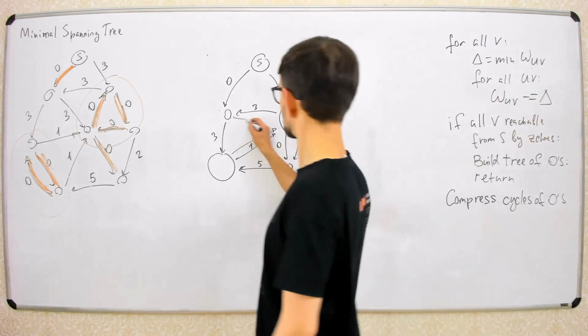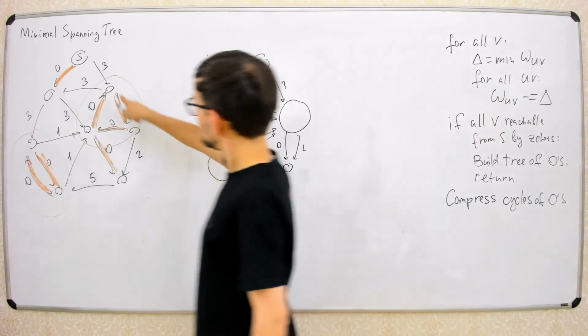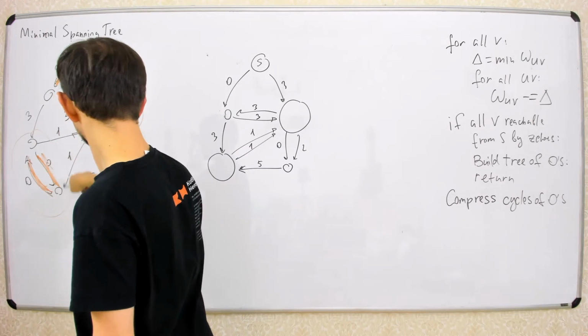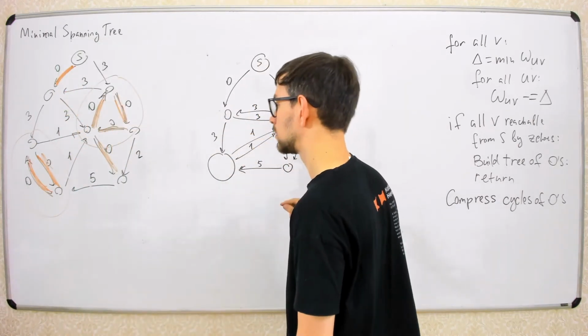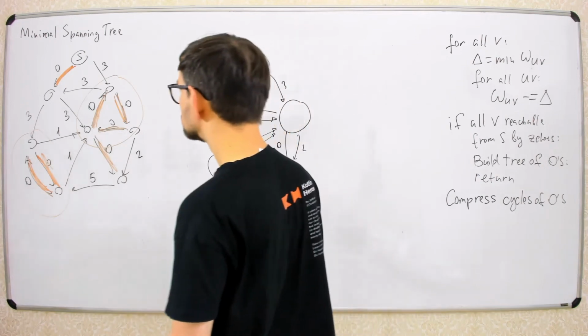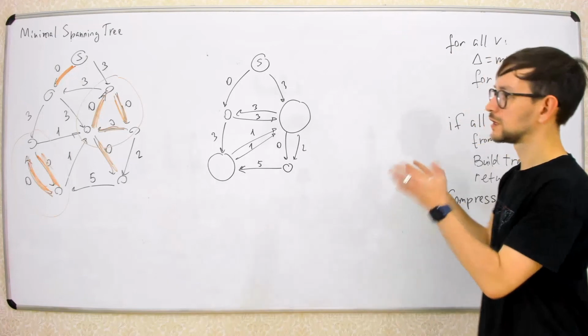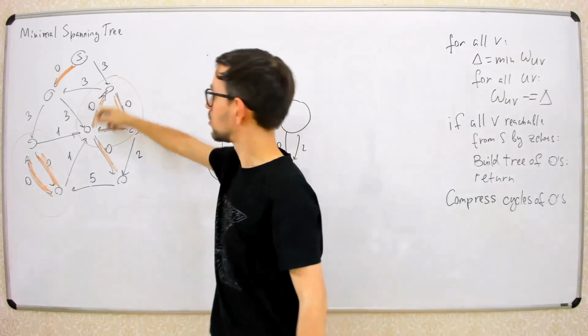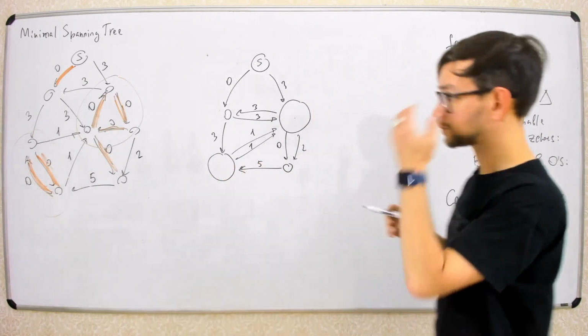So we compress these 3 nodes into 1 node here, and these 2 nodes into 1 node here.